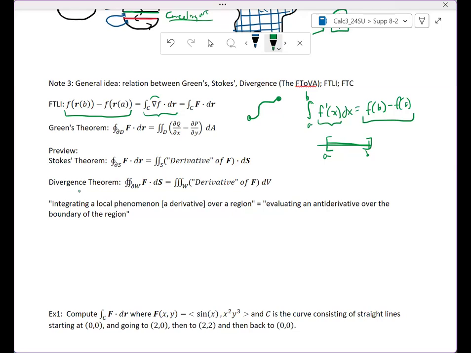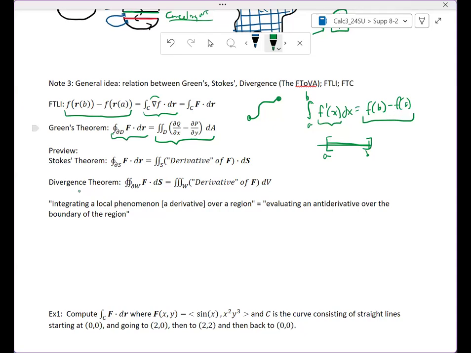What does Green's theorem say? It says if I integrate something that looks like a derivative, dq dx minus dp dy, we'll actually see that this is even more closely tied to the idea of derivative than we might even realize now. We'll see that in the next section or two. So this is related to something called the curl of f, which is a type of derivative. Well, if I integrate this derivative over an area, I'm doing a double integral, that's like an evaluation over the boundary.